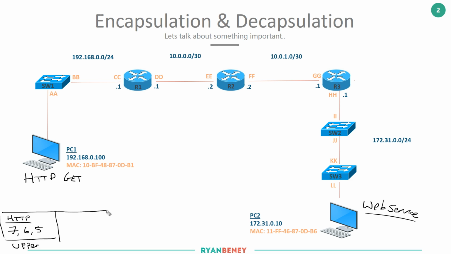This gets passed down to our lower layers, where TCP will be invoked because HTTP runs on TCP port 80, and the IP protocol will be used at layer 3 with the destination as PC2 and the source of PC1.